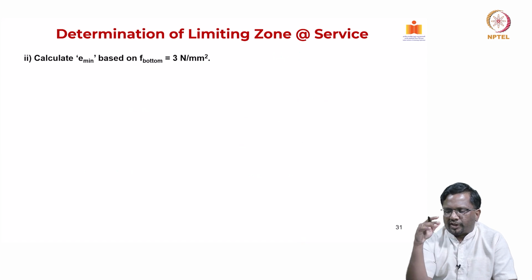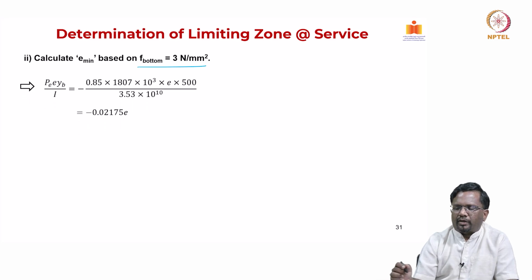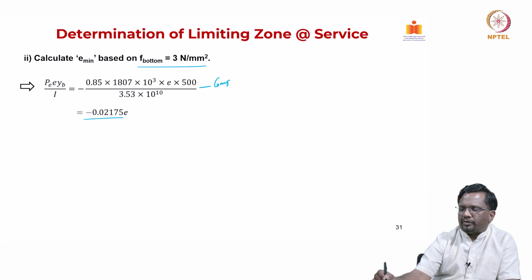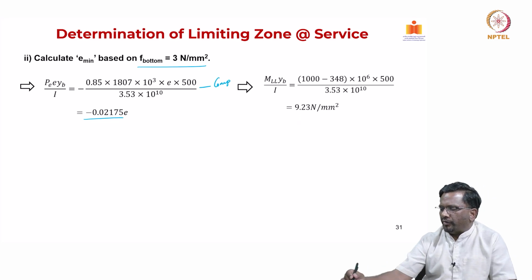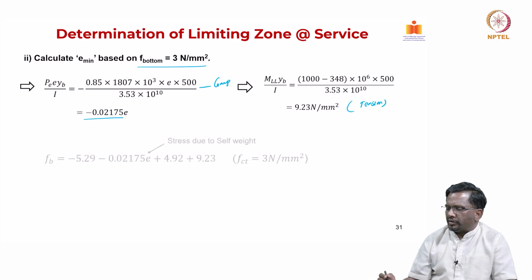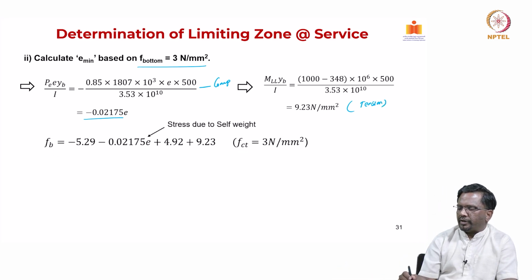Now we need to do the same thing for stress at bottom, for which the limit value is given as 3 megapascal. So again we go through the exercise. Now the pre-stressing will produce negative, this is going to be compression, right. The live load is going to be tension, positive, and self-weight moment is going to be again positive, right.